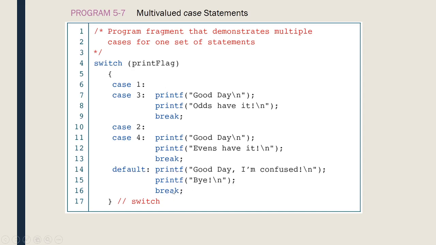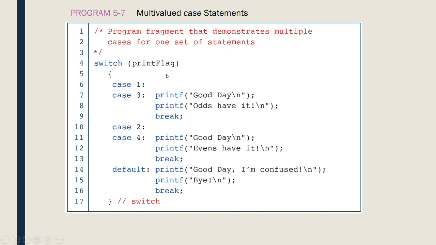So in this case, if the value of print flag is 1 or 3, the text good day and odds have it will be displayed.